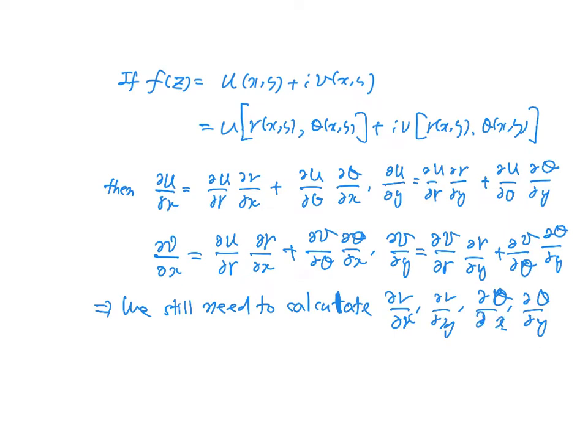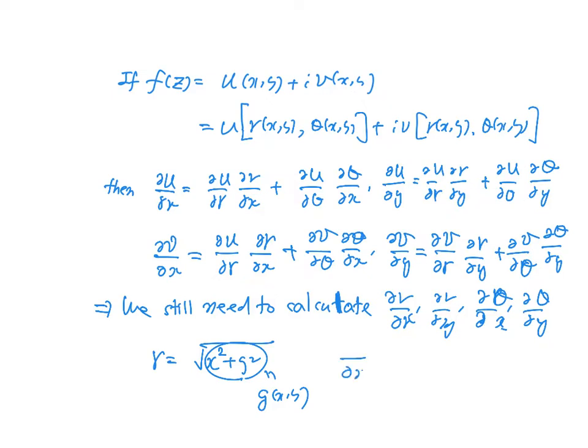So let's start with r. R is, as you know, the square root of x squared plus y squared. So this is a composite function g, and you can use the chain rule again to calculate this.